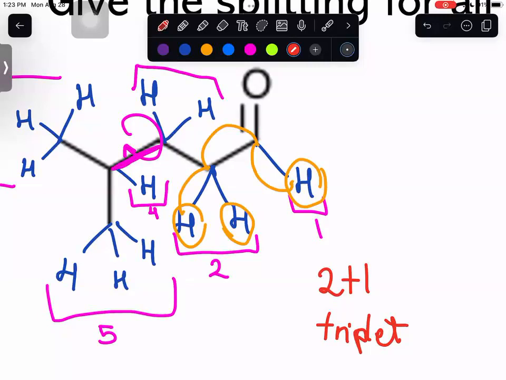Why is it a quartet? We're looking at signal number 2. So it's the one on the right and then the other 2. So 3 plus 1 is going to give you a quartet. Remember that quintet means 5, so please be careful with that. Pentet, you don't use that term. You have to say quintet instead of pentet.